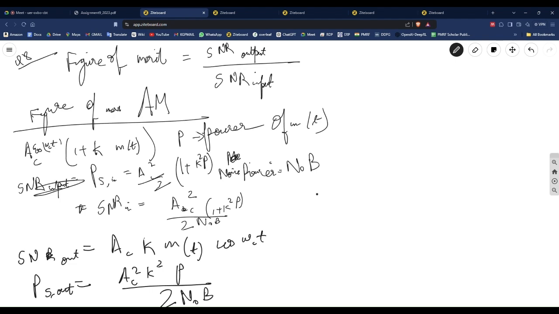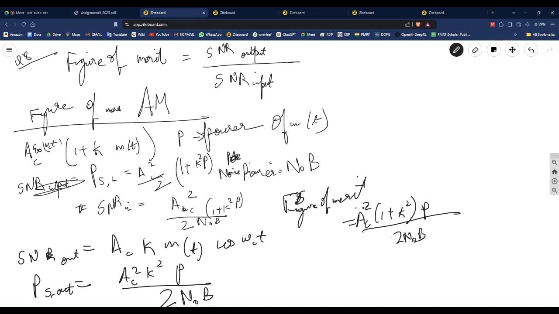So the ratio of SNR out to SNR in, the figure of merit or noise figure, is: the input Ac square 1 plus K square P by 2 N naught B will be in the denominator, and the output Ac square K square P by 2 N naught B will be in the numerator.